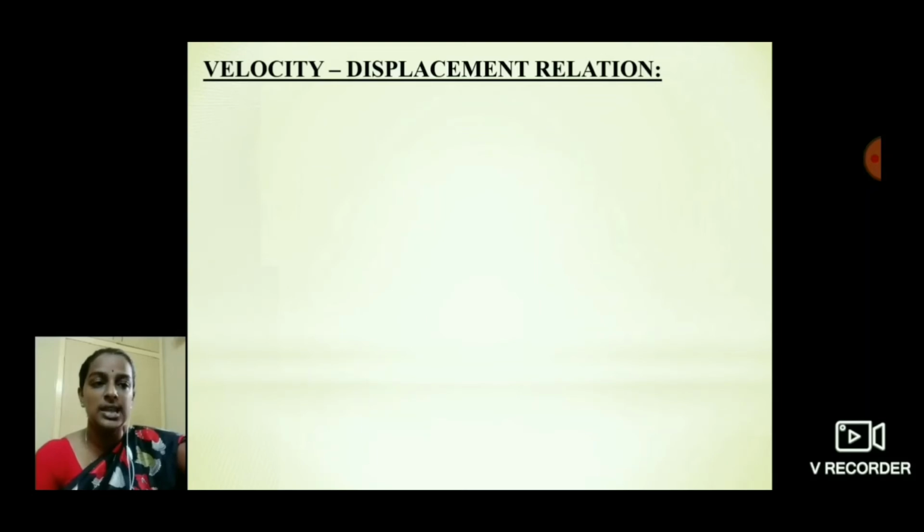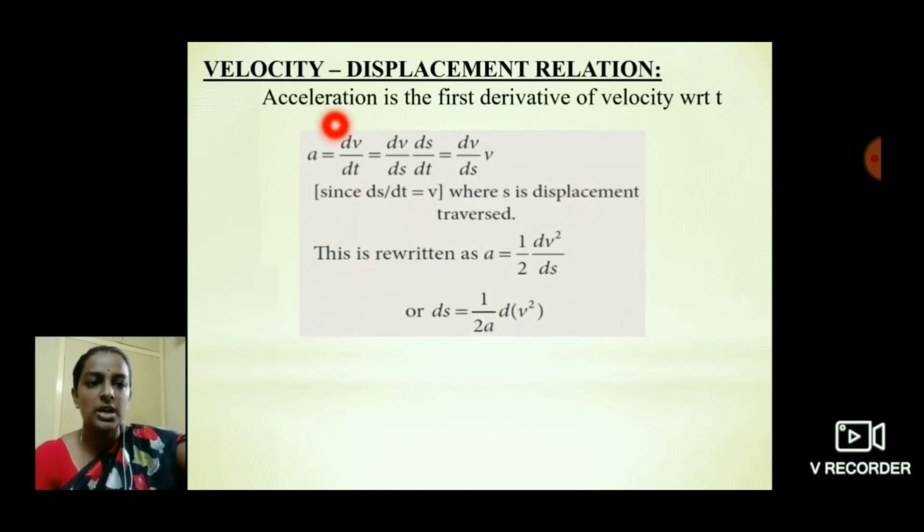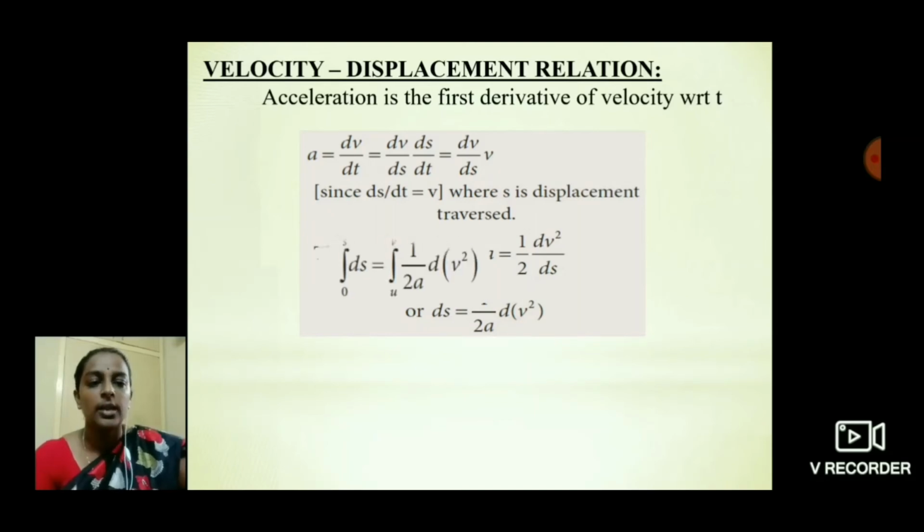Next is the velocity and displacement relation. Acceleration is the first derivative of velocity with respect to time. So a equals dv by dt, that is equal to dv by ds into v. After we substitute all this, we get ds equals 1 by 2a dv square.